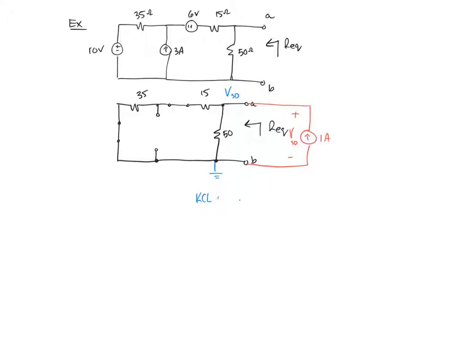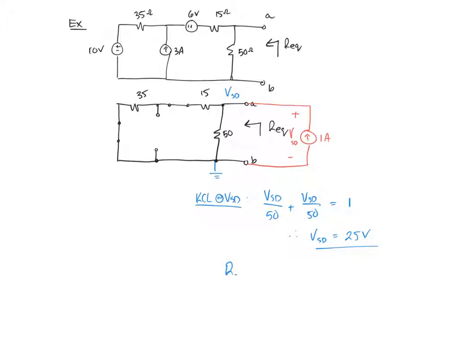KCL at VSD is going to be VSD minus 0 over 50 for this path. Same term for the one in the middle, VSD over 50, and that must equal 1 amp. Therefore, V sub SD is going to be 25 volts.